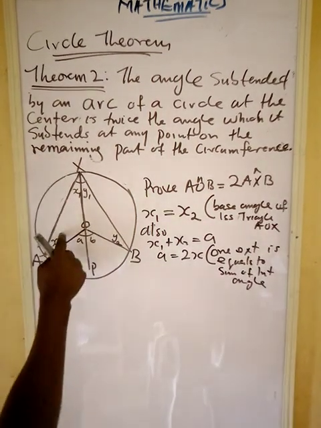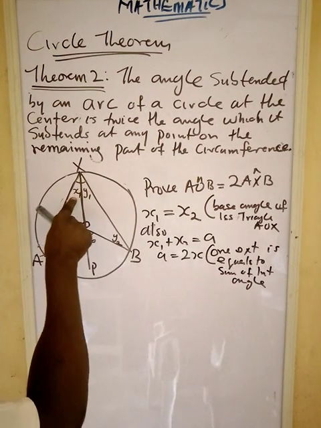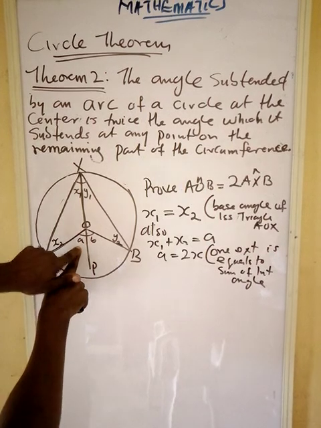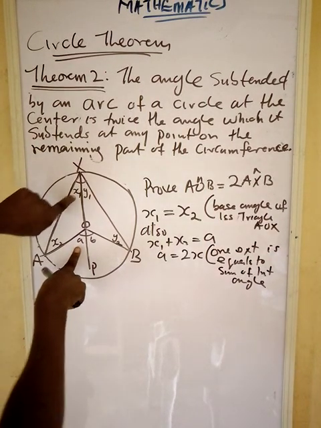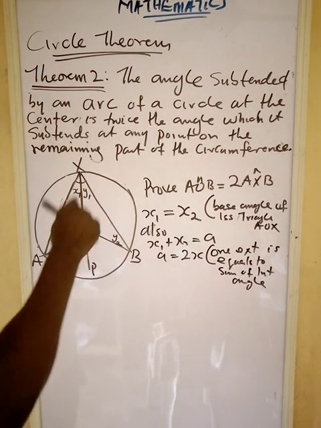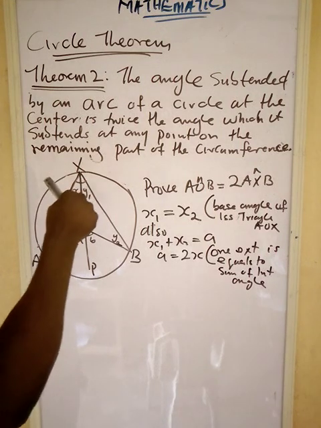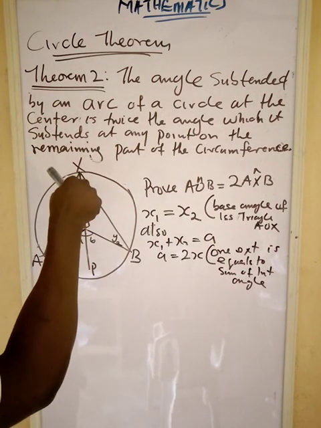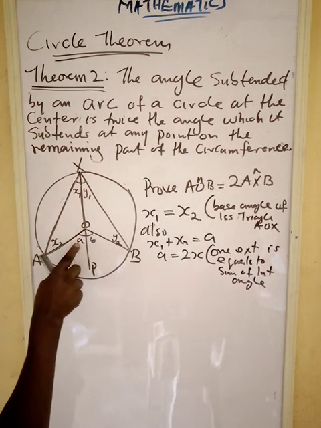So x plus x is 2x, which is equal to A. A is exterior to x1 and x2. So the addition of the base angles of the isosceles triangle, which are interior, is equal to A.